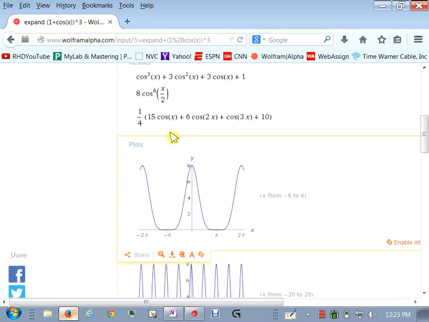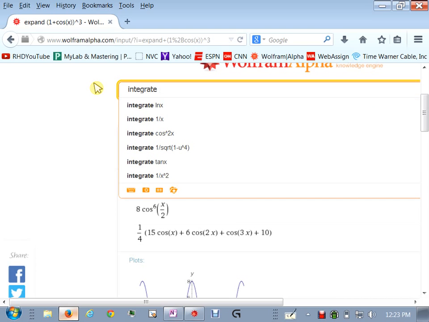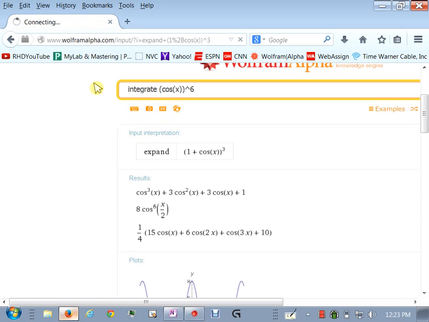So look at this answer. What was the answer that we had? I don't know if our answers match. Integrate cosine x to the 6th. We finished that one, right? We got the full answer on that one?